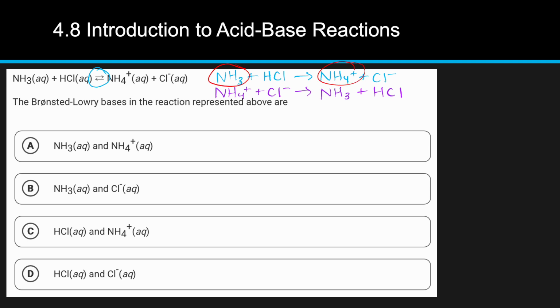So that is the one accepting the hydrogen. So NH3 is the base in this reaction. And then in the alternate one, or the one going backwards, you can see that our Cl- is going to be the one that accepts the hydrogen. So this will be our base going the opposite direction. So the answer for this one would be B, NH3 and Cl-.